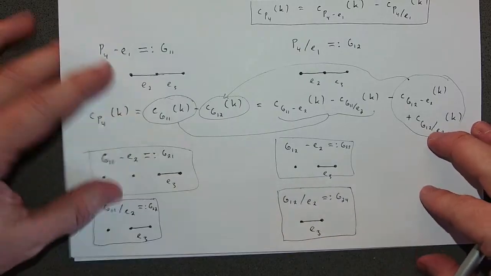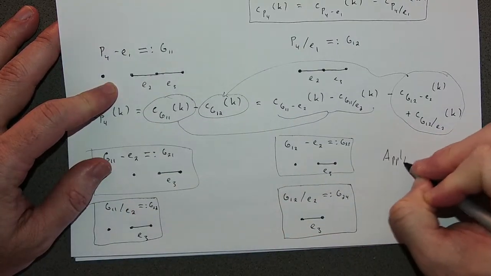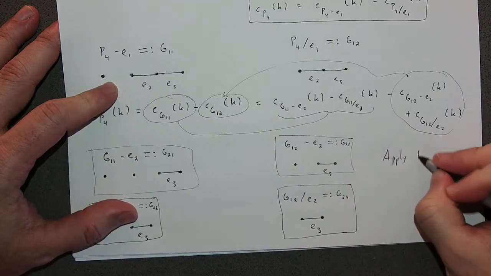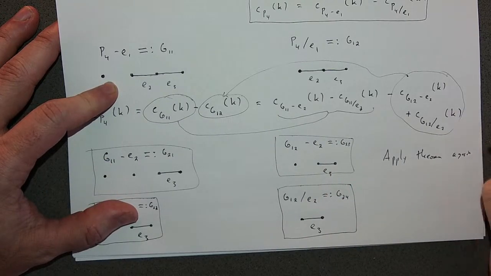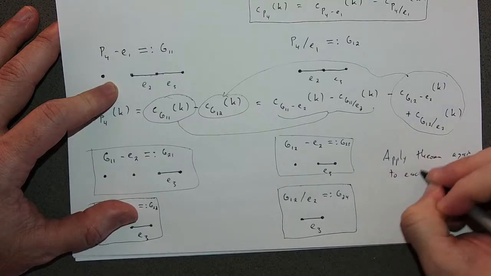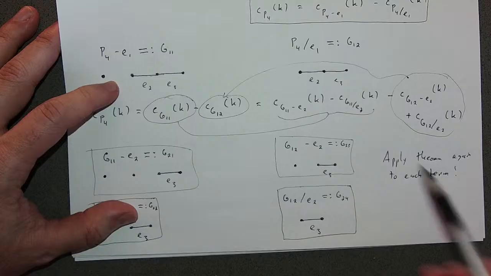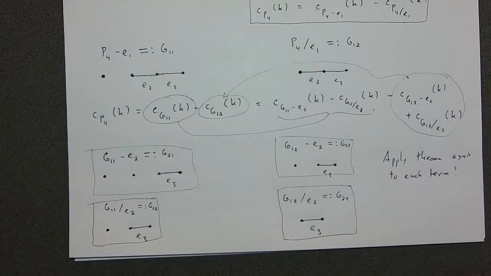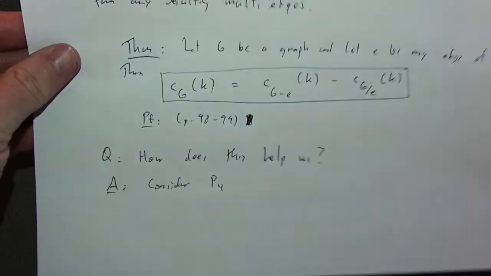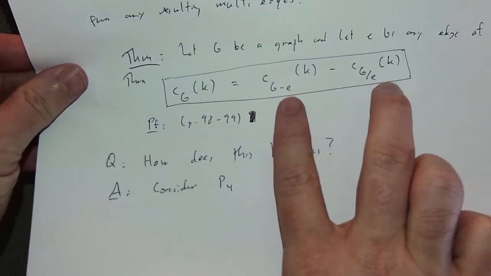But let's go one step further. Let's apply our theorem one more time. Well, multiple times here. Apply the theorem again to each term. When I say each term, I mean all four of these. The theorem, again, here it is, takes a single term and splits it into two, as this difference.